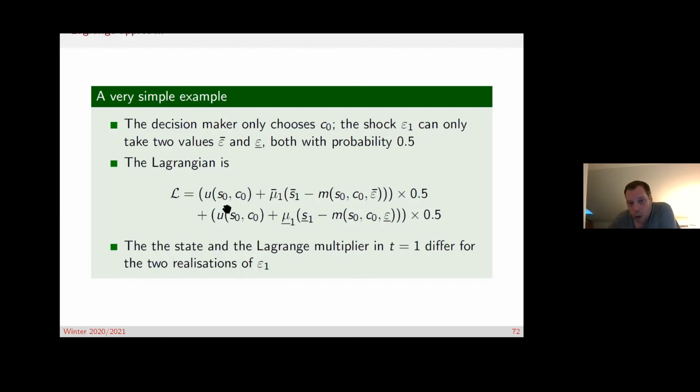What you want to do is pick a control that takes a compromise out of the two deterministic problems. And the compromise that you pick depends on the probabilities with which you weigh both deterministic situations. Again, they are not really deterministic, because you pick them. But this is the general idea.